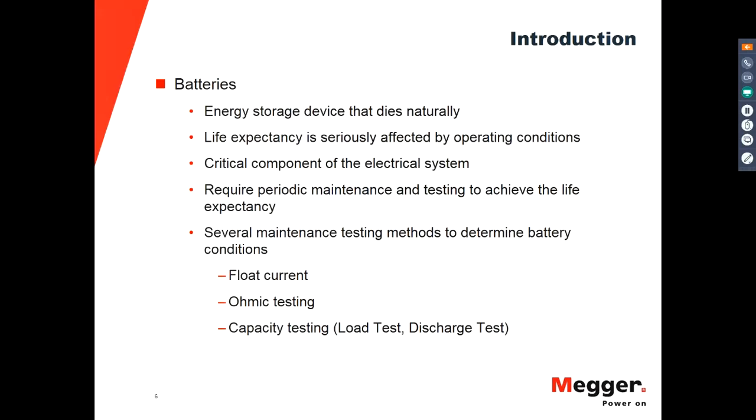Several of these methods are listed here. The float current, which is probably not the best way to do it, but it's one of the methods that is followed. Then you also have the ohmic testing, which is a very good method and allows you to do the test anytime without any effect on the battery and provides you very good trending data.